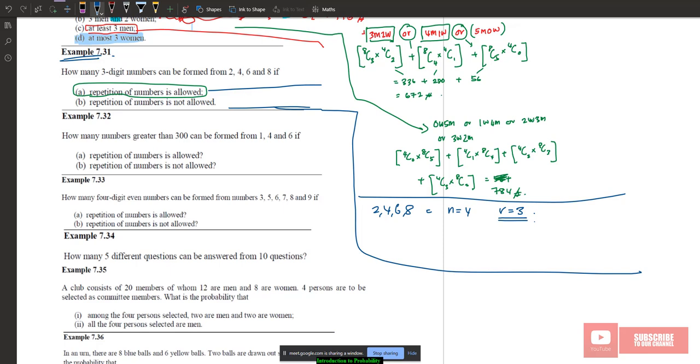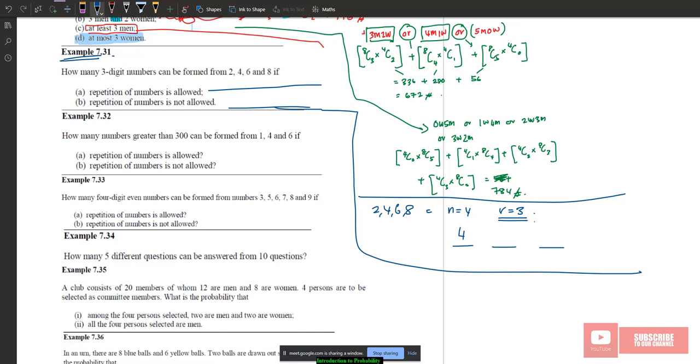Now let's say out of 4 we want to create 3 objects. The question asks us if repetition of numbers is allowed. For the first place, you have 4 choices.